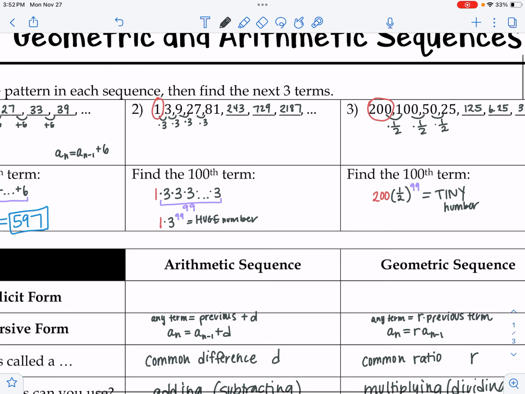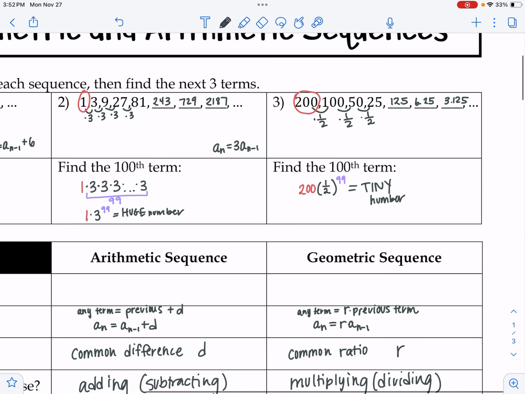And so for number 2, any term equals 3 times the previous term. And then here we'd have any term equals 1/2 times the previous term.